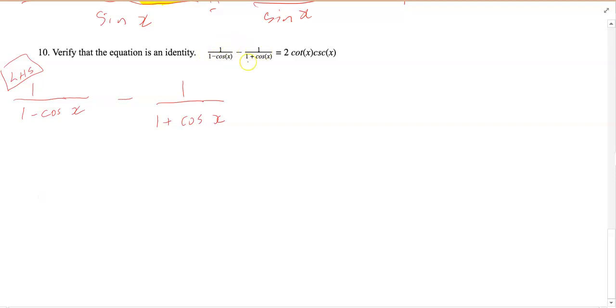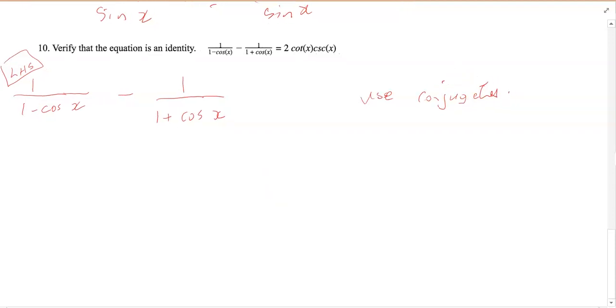Okay, verify the equation is an identity: 1 over 1 minus cosine of x, minus 1 over 1 plus cosine of x. From that, we can use our ideas again of conjugates, just trying to make equivalent fractions, or the common denominator idea. So let's multiply each fraction by the denominator of the other.